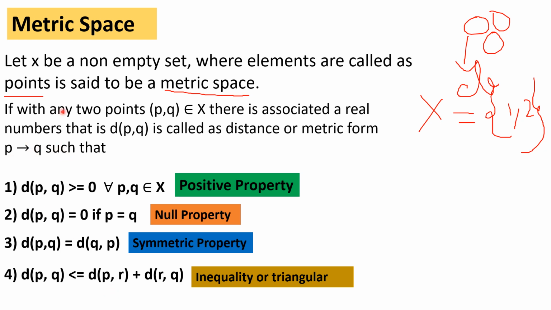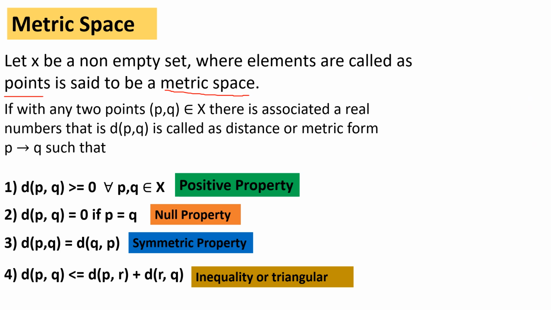Let us consider any 2 points here. This is a box you have, and you are taking the 2 points p and q.